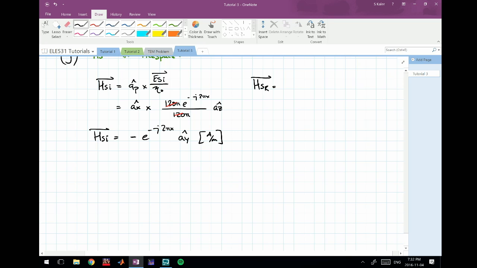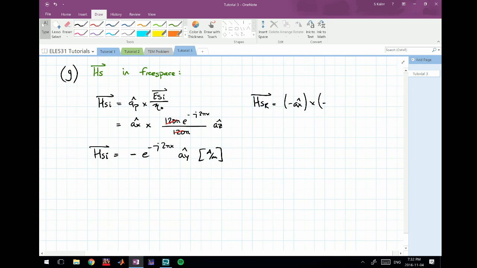So I get minus AX cross, minus 60 pi e to the j2 pi x. If you're confused about the direction of propagation, just look at this term: positive j tells you it's going in the negative direction. You should be able to reason with what's in front of you to solve that.